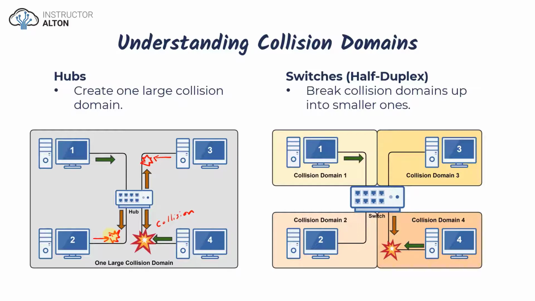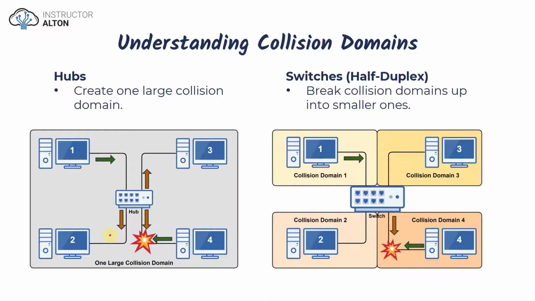And if we expand this out maybe to just a network the size of 10 computers or 20 computers, that's a lot of collisions. So that's the issue with hubs. And as you scale up, collisions scale up a lot as well. And it really degrades the performance of your network. And that's one of the primary reasons why we don't use hubs anymore.